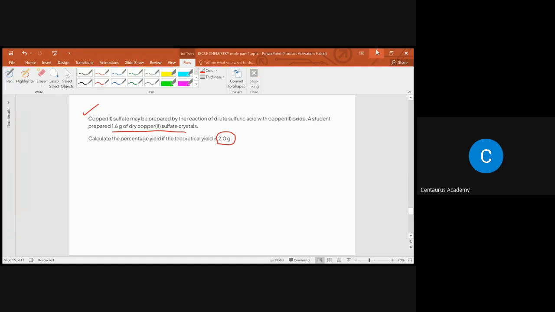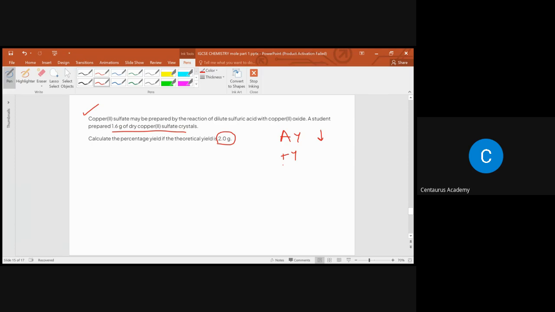Okay. So 1.6 grams is basically the actual yield. This actual yield has to be less than the theoretical yield. Theoretically, the amount you get is based upon all the assumptions and presumptions which are taken.